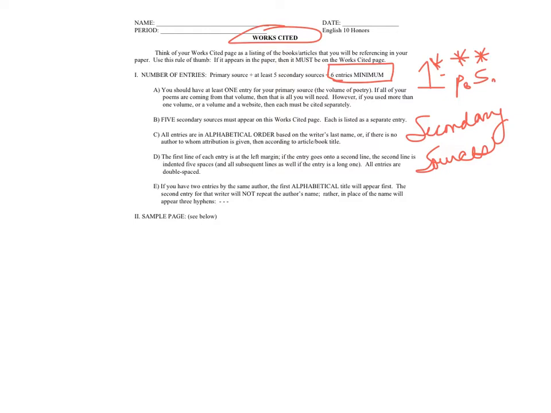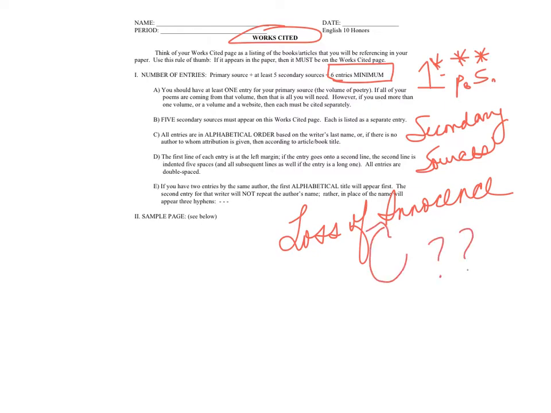So if you're doing something about the loss of innocence, for example, and your author is Emily Dickinson, do your critics say something about the loss of innocence? Do they talk about the need for growing up or the pain that's experienced when facing reality? If that's the case, then you can keep those critics. You're in good shape.